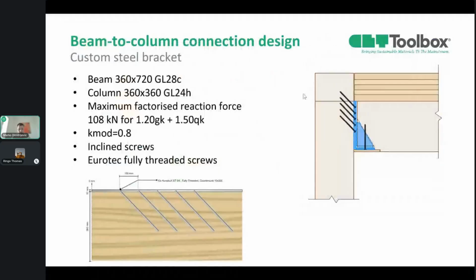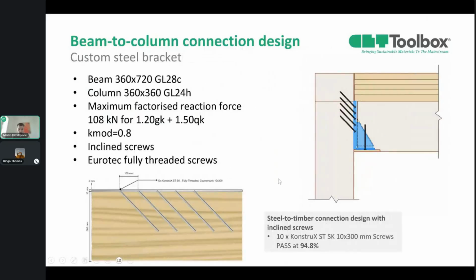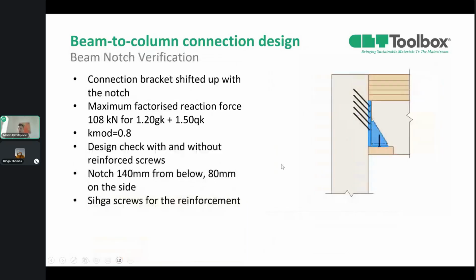If we go further, we have the option of just a preview of the results. I'll get over to the last design example we prepared for this presentation. So we have some situations where a connection needs to be shifted up to be covered or hidden for architectural requirements, or because of fire protection.